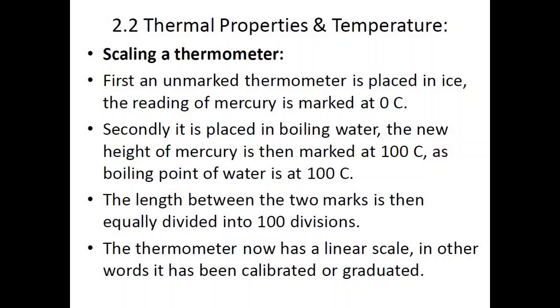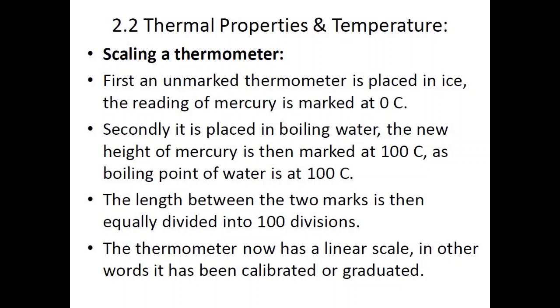As we all know, the temperature at which water boils is supposed to be exactly 100 degrees centigrade. Obviously when the heat is provided to mercury, it rises up in the column, it expands, and a new reading is acquired. That new level of mercury in the thermometer is marked as 100 degrees Celsius.